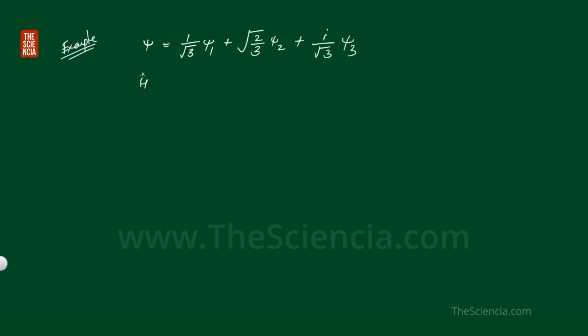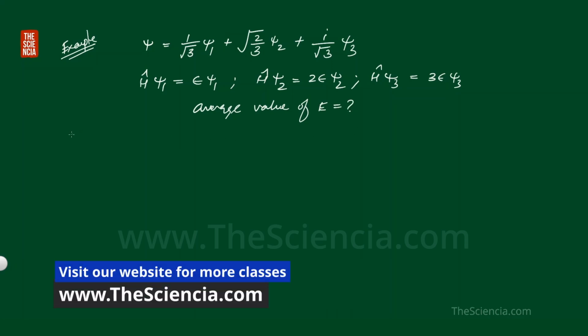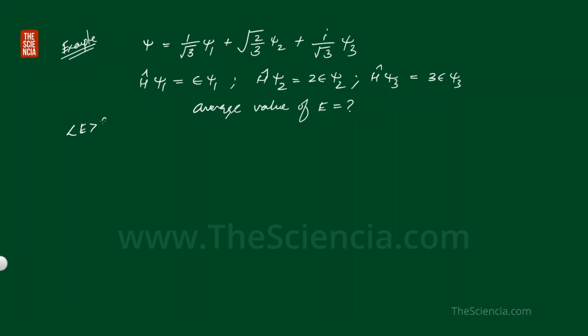And if the Hamiltonian operates on psi 1, that is, the energy operator operates on psi 1, it will give the energy of the state psi 1, that is given as E psi 1. H acting on psi 2 gives 2E psi 2, and H acting on psi 3 gives 3E psi 3. Now the question is to find the average value of E, that is nothing but the expectation value of E. So how can we solve this?